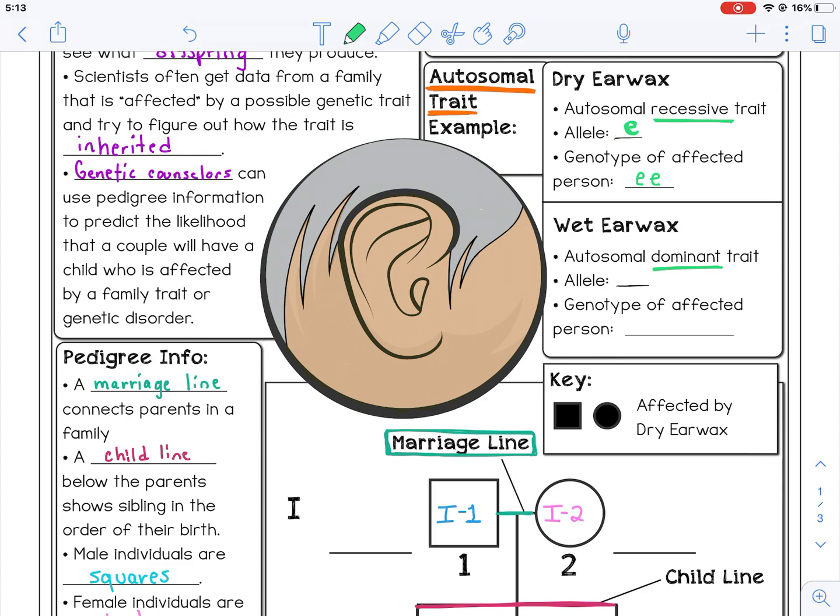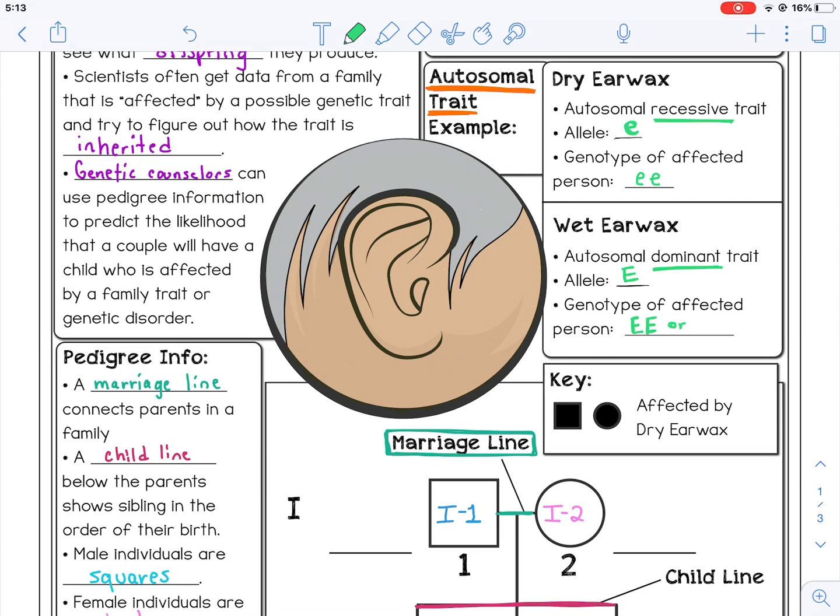Okay, the autosomal dominant trait would be wet earwax. So wet earwax is a capital E. And the genotypes for a person with wet earwax, well, a person could be big E, big E, and that person would absolutely have wet earwax.